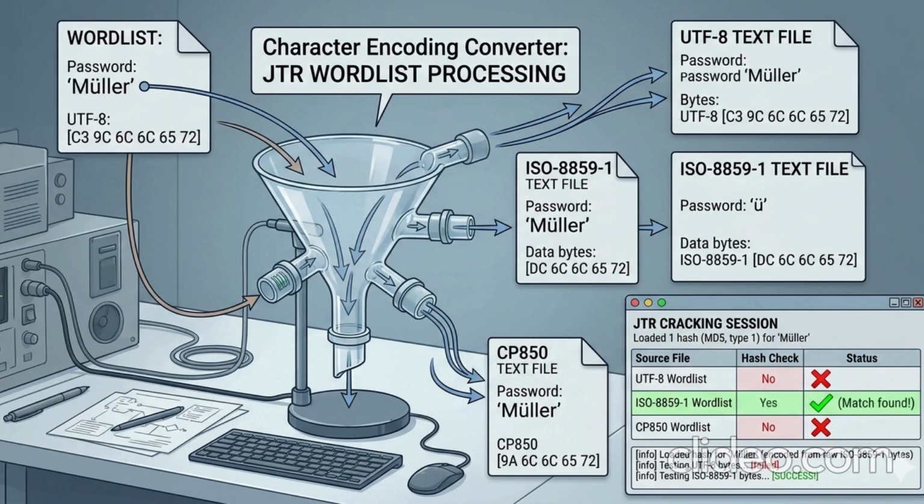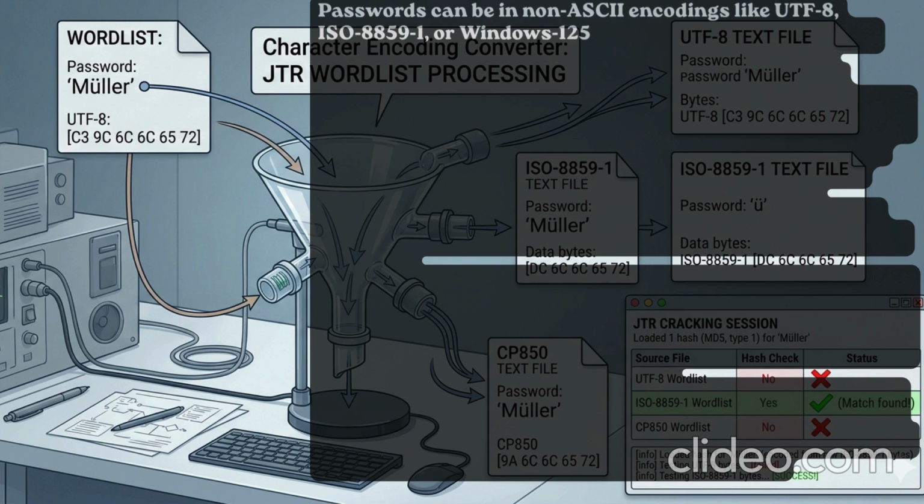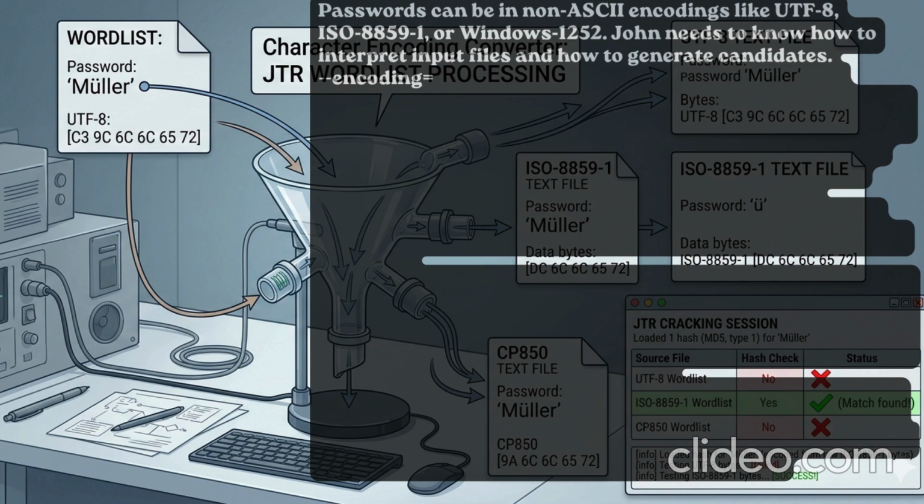Passwords can be in non-ASCII encodings like UTF-8, ISO-8859-1 or Windows-1252. John needs to know how to interpret input files and how to generate candidates. --encoding=NAME or --input-encoding tells John the encoding of your password file.